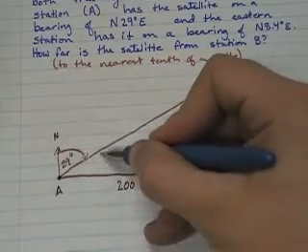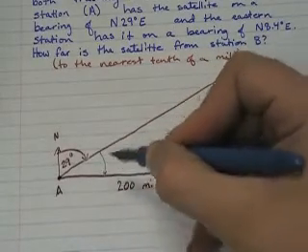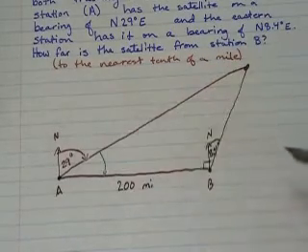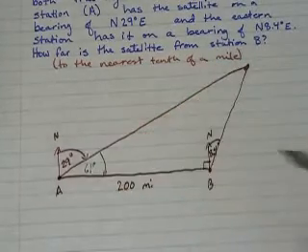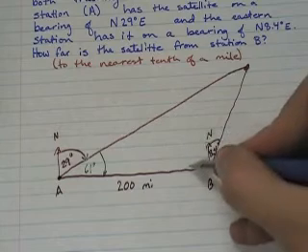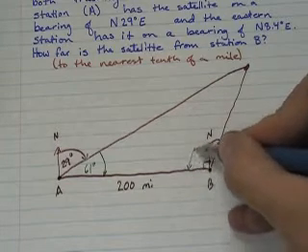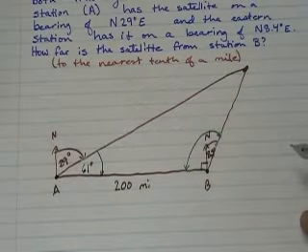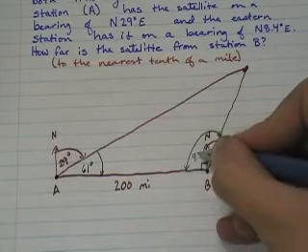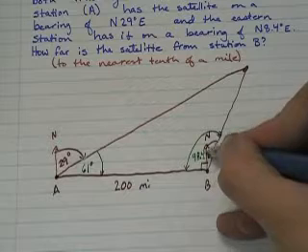So this angle is the complement of 29 degrees, which is 61 degrees. So this angle is 61, and this angle from here to here is 90 plus 8.4, which is 98.4 degrees.